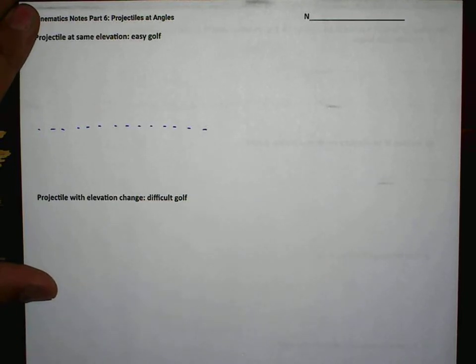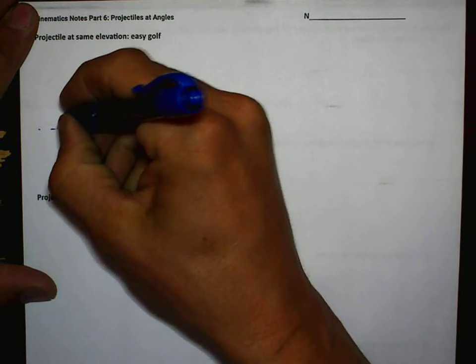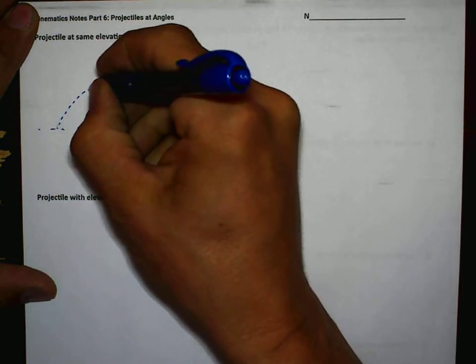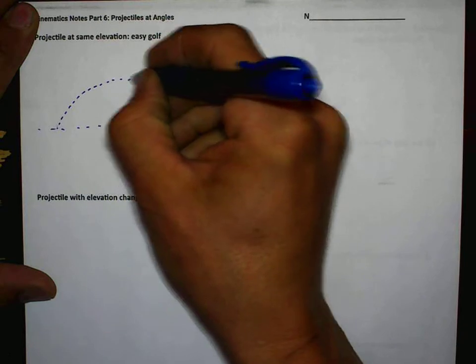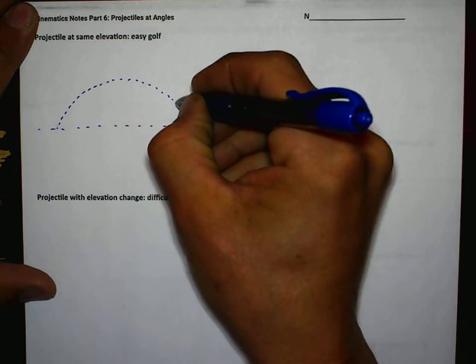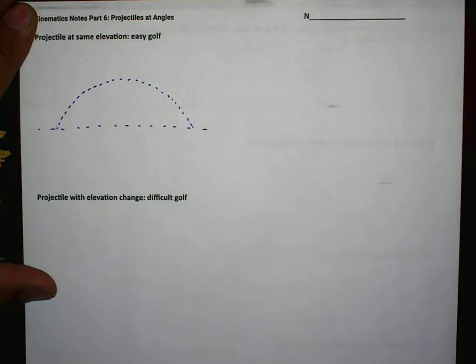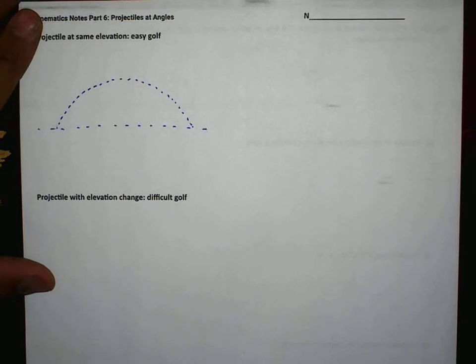Okay, so we're going to have a path that's like this. A rainbow, a parabola. Alright, this is the first time we've dealt with things launched at angles. Now that's the path traveled by the golf ball.